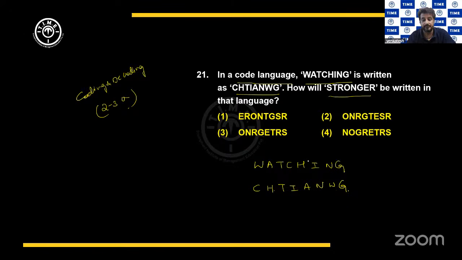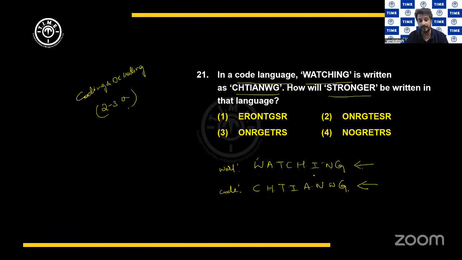Are the letters present in the word and the letters present in the code the same or different? This is the word and this is the code. Obviously same, because all the letters of WATCHING are present. So then what is the logic?